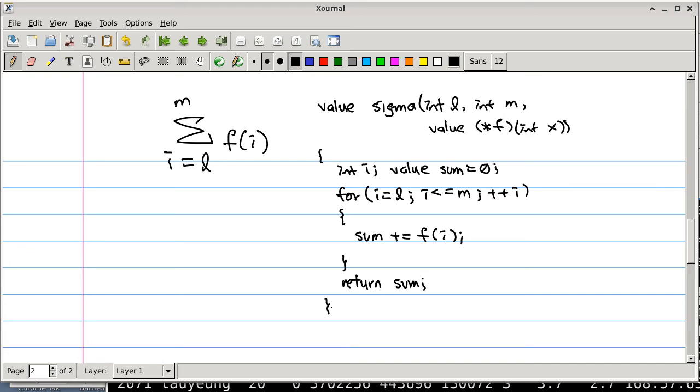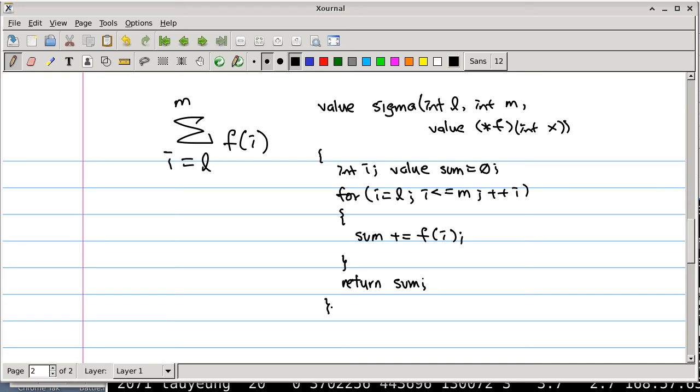And then what sigma itself as a function does is it just has a loop. The loop is just going through all the values from L to M inclusively. And then for each value between L and M, it's going to evaluate the function f. Whatever f is returning, you add it to a running sum, and when you're done with this entire loop, you return the value sum, and that's it.